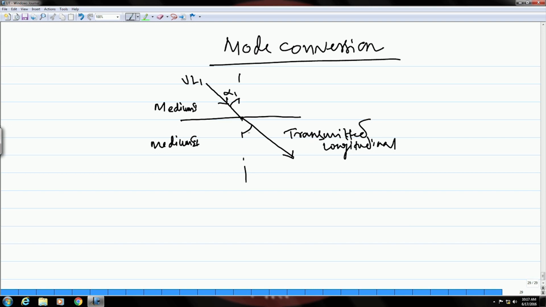Okay. And as I said, a part of this will be converted into shear wave. So, this is the transmitted shear wave.